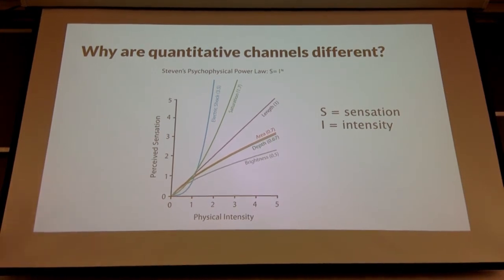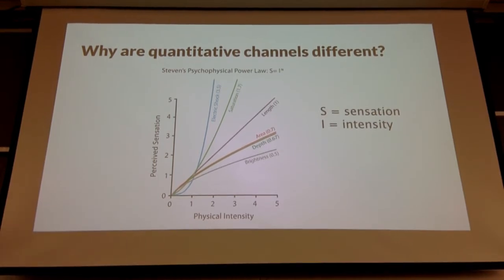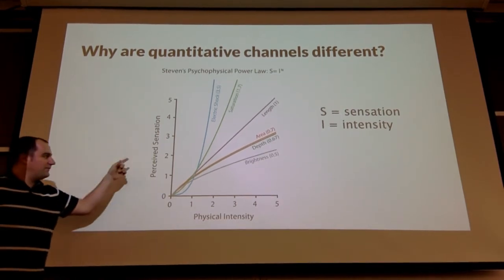It turns out that when we do a perceptual experiment, we can find out that the physical intensity of a stimulus is not for all different types of stimuli linearly correlated with the perceived sensation. So what that means, physical intensity, is like I want to encode length 2, that's our physical intensity, and how do we perceive length 2?